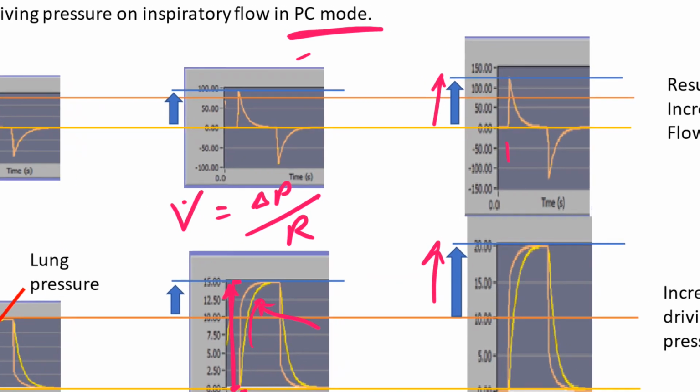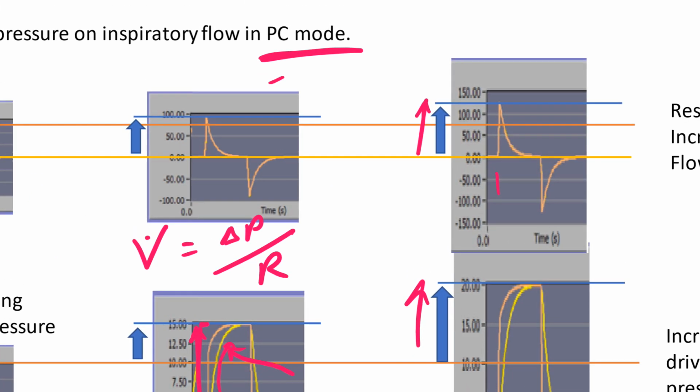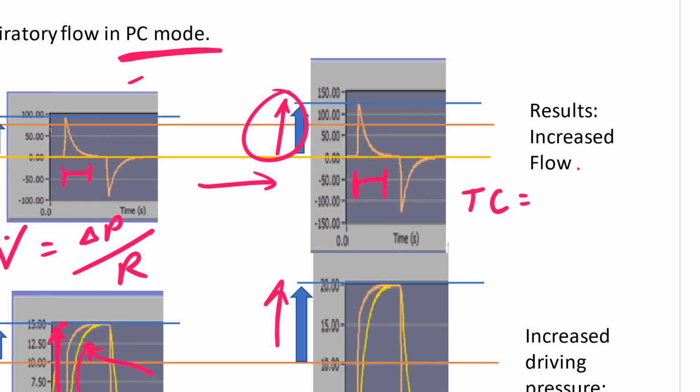An important consideration is that the time it takes to get equilibrium between the circuit pressures and the lungs does not change even though we increase the driving pressure. The time for equilibrium in both of these situations, even though we have the increased driving pressures, is the same. That's due to our time constant, which is equal to our compliance times our resistance. And most authors agree that it's usually about 3 to 5 time constants that result in equilibrium between mouth pressures and circuit pressures.